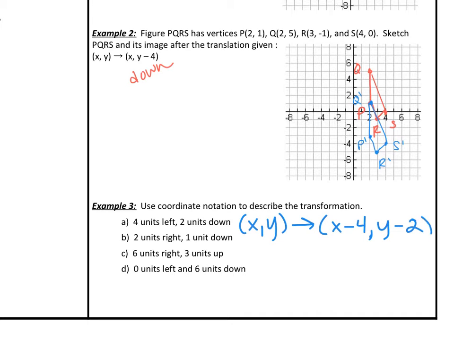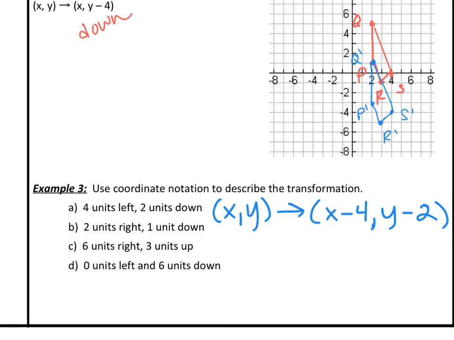Can you please write the next 3 rules if you have not already? This next one would be going right 2 and then down 1, so your original point goes to right is always plus, so x plus 2, and down is always minus 1 for the y's.